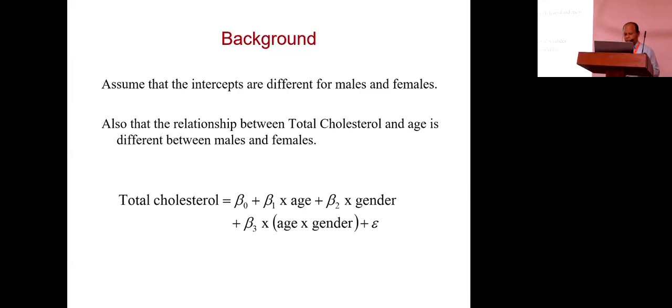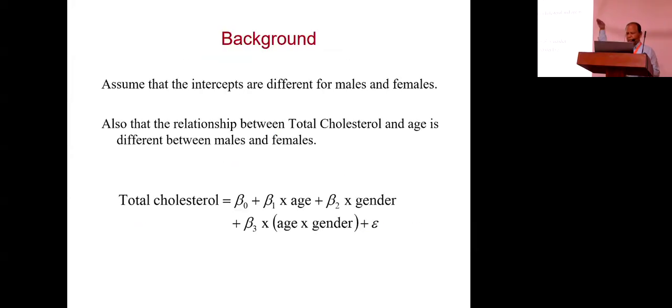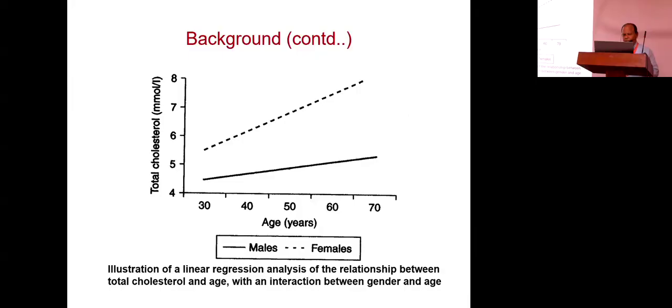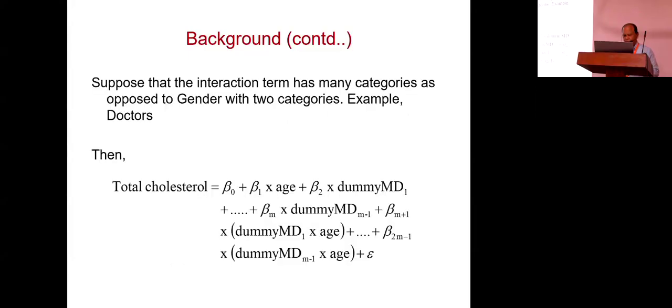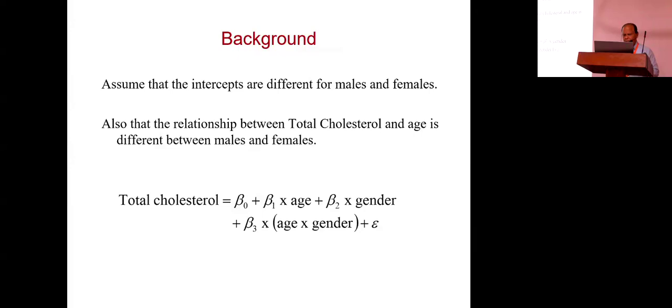So this is the same thing. I remember we drew two lines, that is here, to study whether it is significant or not. To have two different lines, we made this term and see whether it is necessary or not.